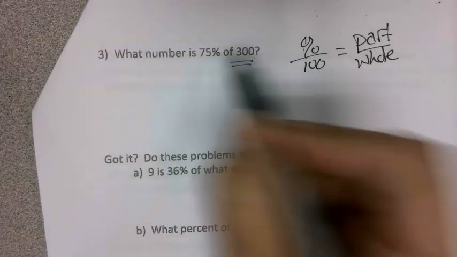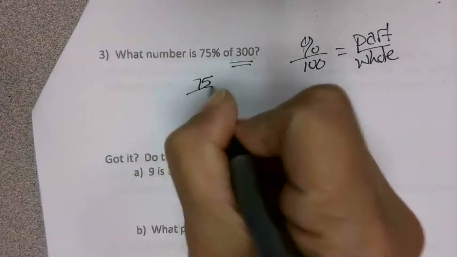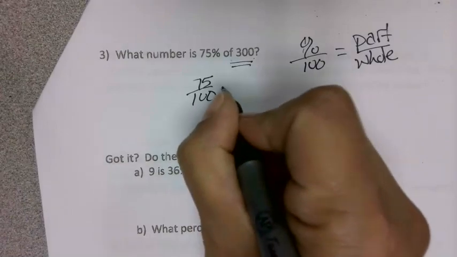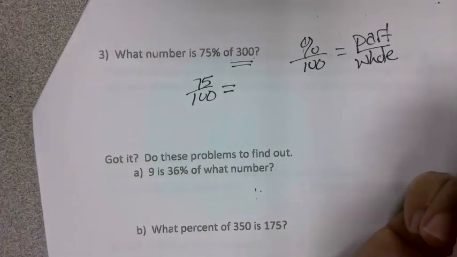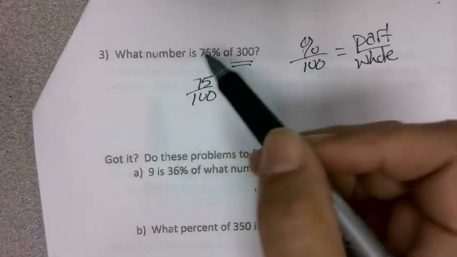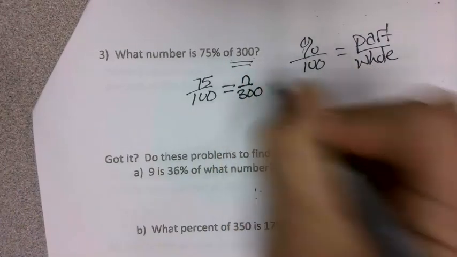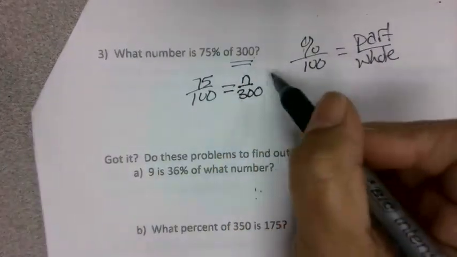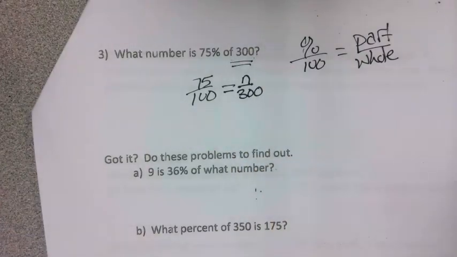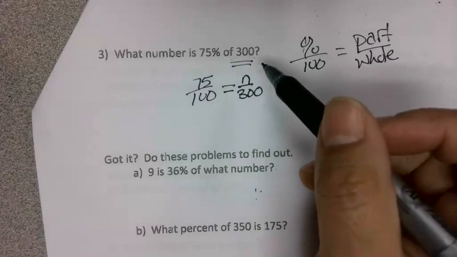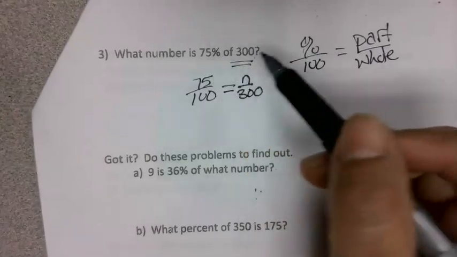All right, I have my percent, 75 over 100. Just turn my percent into a fraction. I know they need to be equivalent. And I don't know what the part is. I do know it's out of 300. I don't know the value of 75% of 300. That's what I'm trying to figure out. And truthfully, in our previous lesson, I know how to do this.